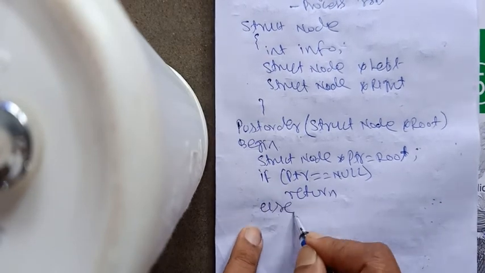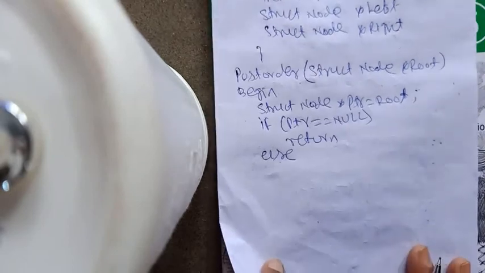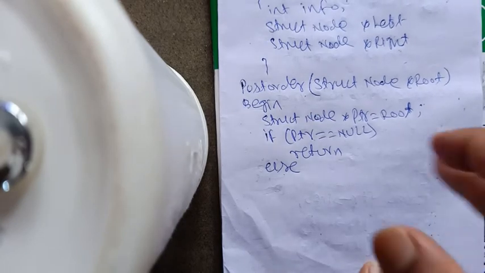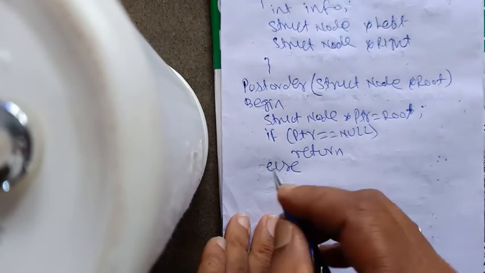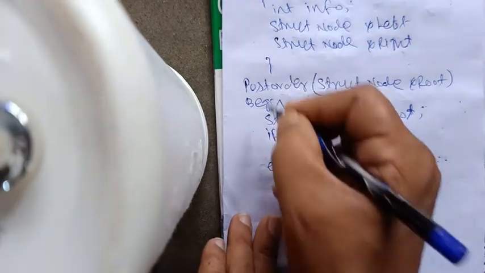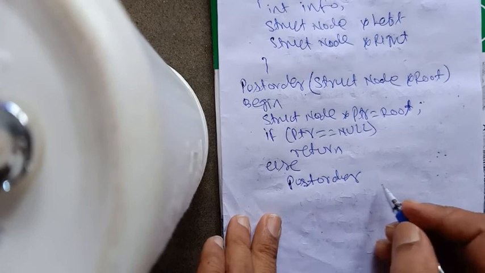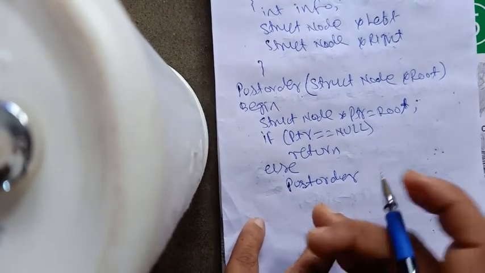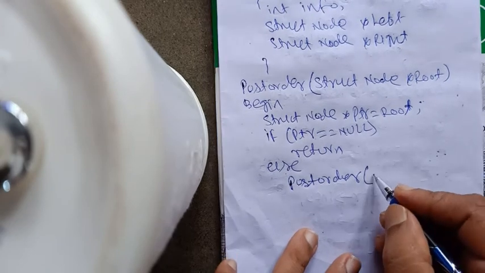Otherwise, if ptr is not null, my traversal will be conducted. First I have to traverse the left subtree of ptr, then traverse the right subtree of ptr, then process the info of ptr. So to traverse the left subtree of ptr, I'll call the function again, now this recursion is implemented, the postorder function is called, and its left child address should be passed. How can I pass the left child address of ptr?